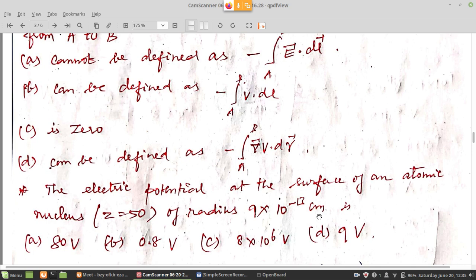So the application of that idea is you have to use here. Charged sphere and the potential at the surface. That is the idea that you have to use here.